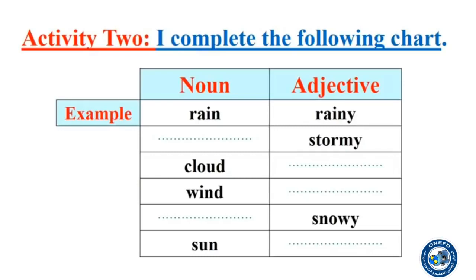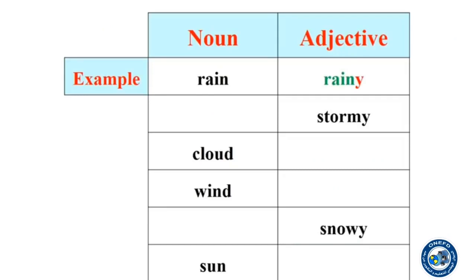So we are going to complete this chart. Let's take the first one in the example. Rain, rainy. What do we add? We add the suffix y. Stormy. The noun is storm. Storm, stormy.